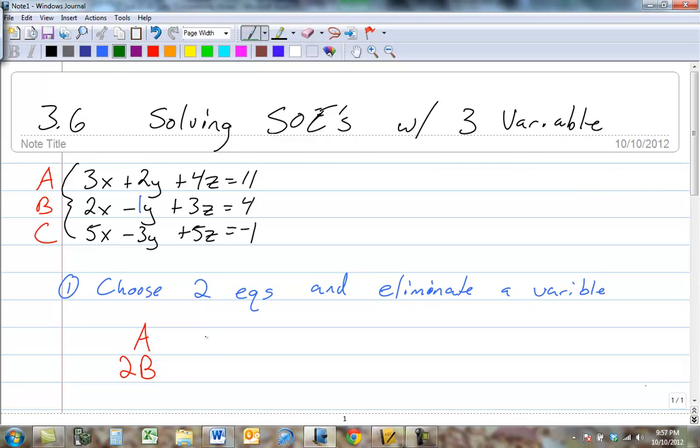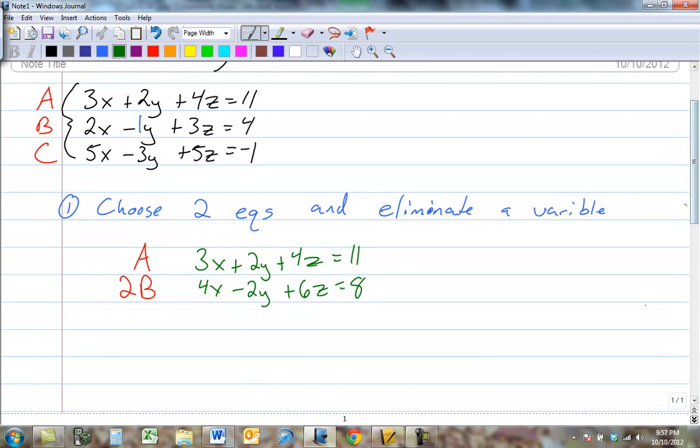So, what I got here, A remains the same, 3x + 2y + 4z = 11. Then we got 2B, so that's going to be 4x - 2y + 6z = 8. I'm going to multiply everything.